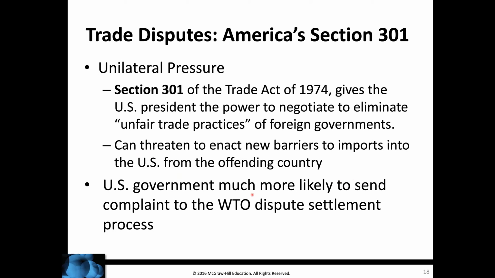Also, the US government is much more likely to send a complaint to the WTO dispute settlement process. So we're always looking for fair trade, I'm guessing, at least trade that benefits the US. With that, that ends our discussion on non-tariff barriers to trade or to imports.